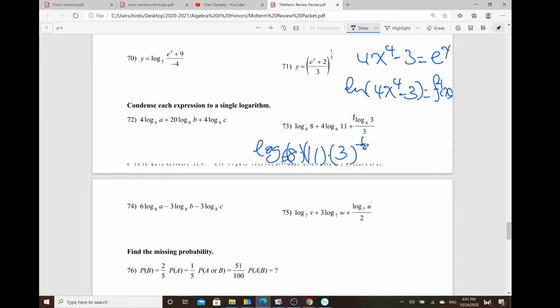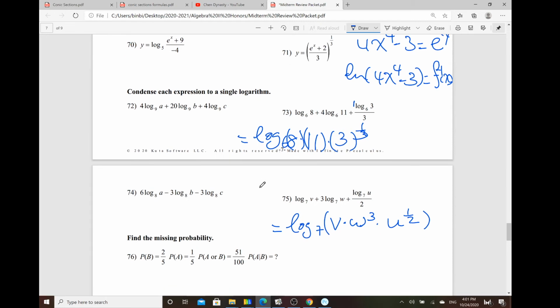You can put it this way, the whole quantity. And then this one is quite similar, so log base 7 of v times w to the power of 3 times u to the power of 1/2. Make sure I put the equal sign. If that's minus, that means the quotient, so be careful with the minus.